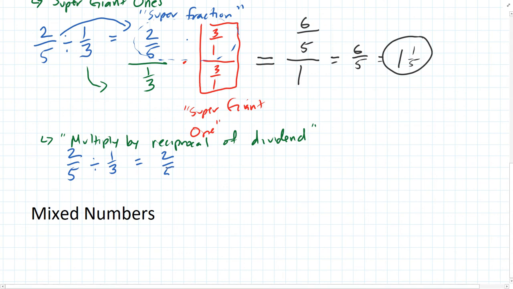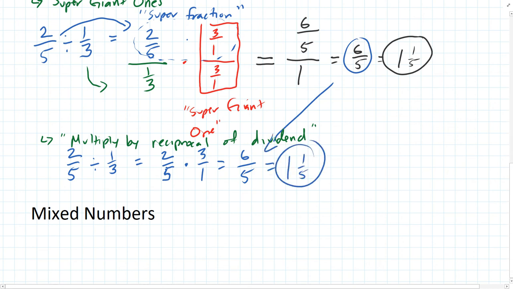So 2/5, and then the division is going to be multiplication times the reciprocal of the dividend. The reciprocal of 1/3 is 3/1, and we just multiply that out. 2 times 3 is 6. 5 times 1 is 5. We get the same answer, and that equals 1 and 1/5.